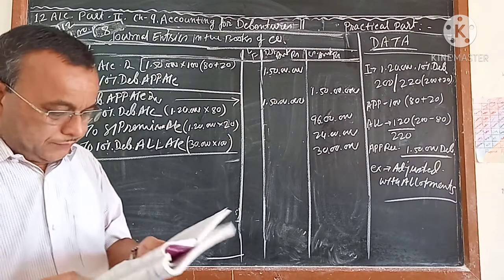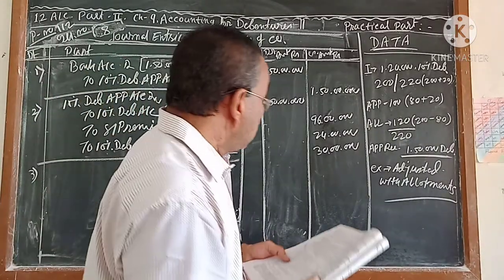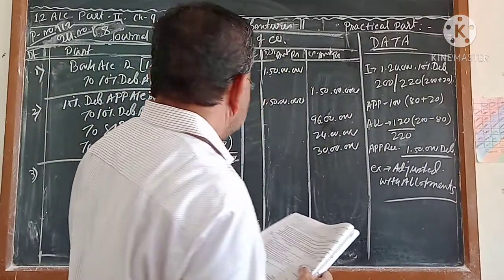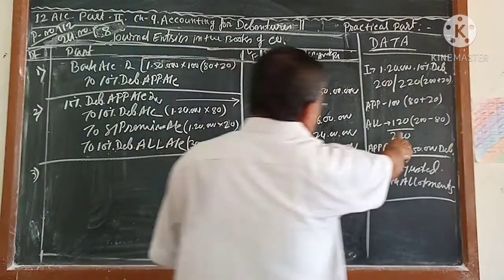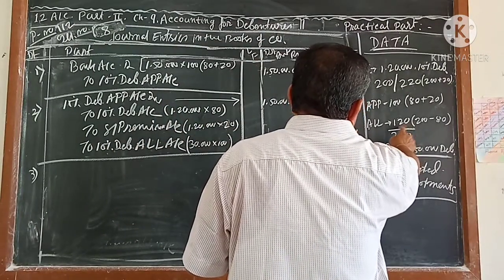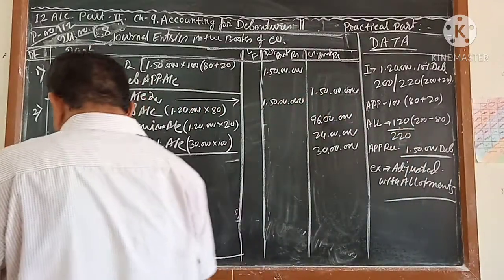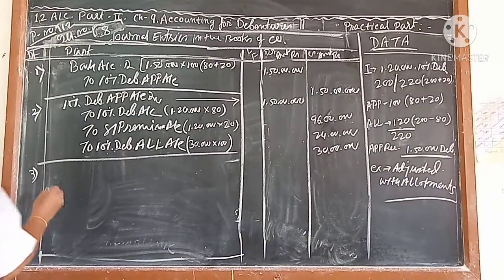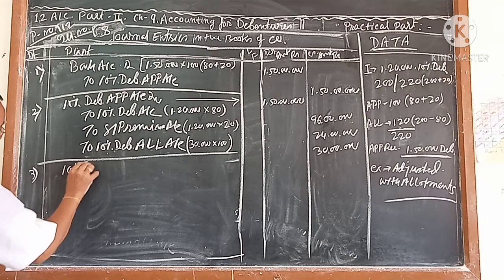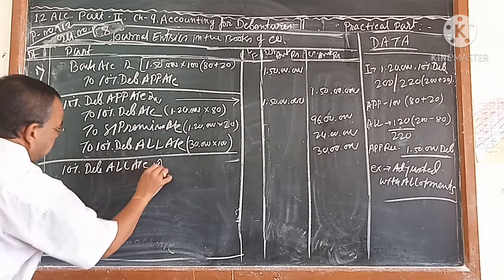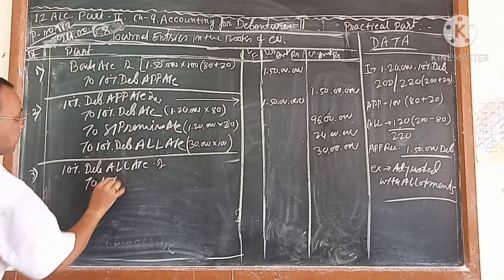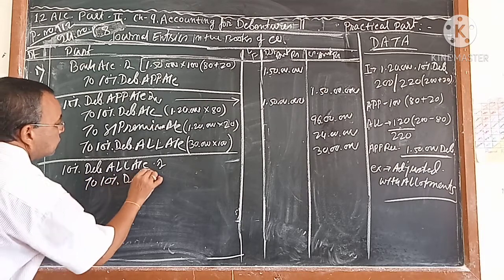In the third journal it is given that the application is over, now allotment. Allotment we are going to get 1,20,000. Sorry, 120 rupees we are going to collect. So 10% debenture allotment account debit to 10% debenture account.